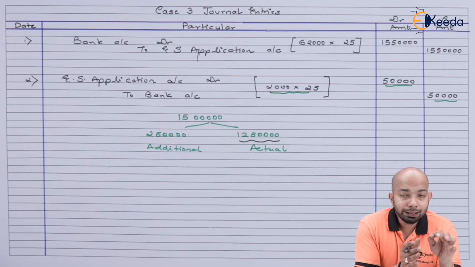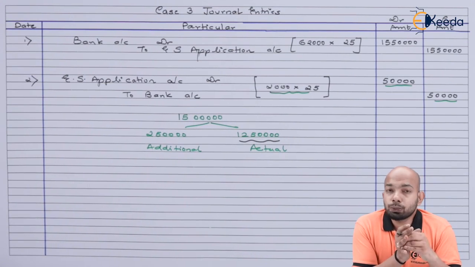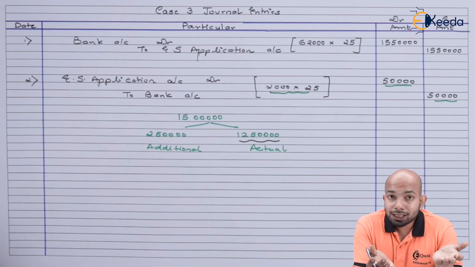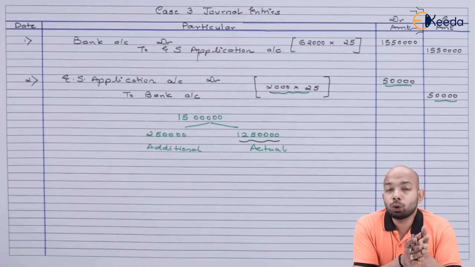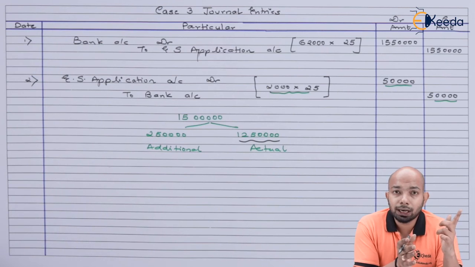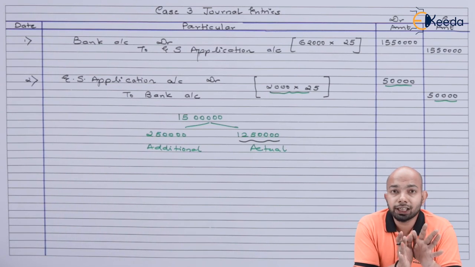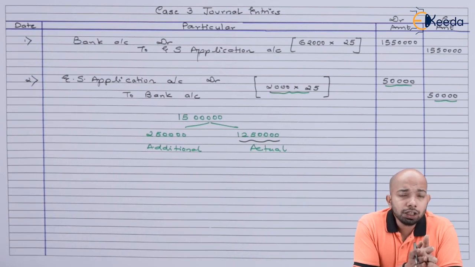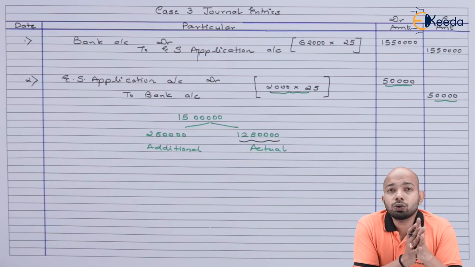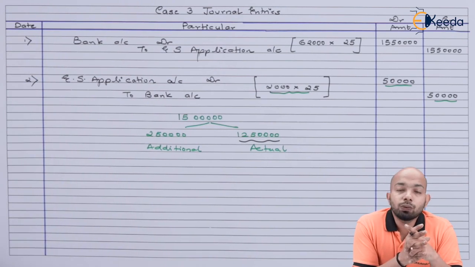In that case, only 12 lakh 50,000 was supposed to be received. But how much have we received here? We have received 15 lakh in total, because 50,000 has already been subtracted. That means we have 2 lakh 50,000 of additional value received regarding the application.